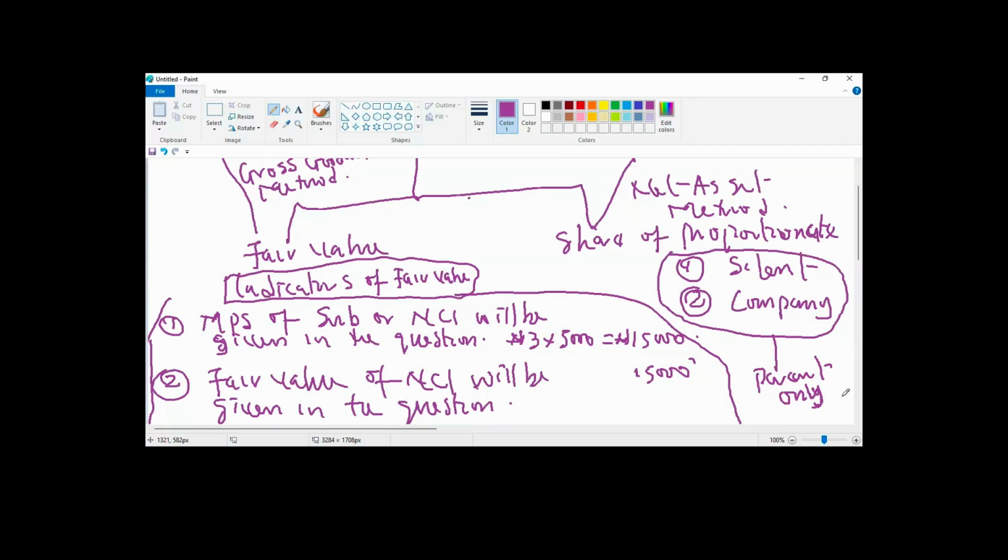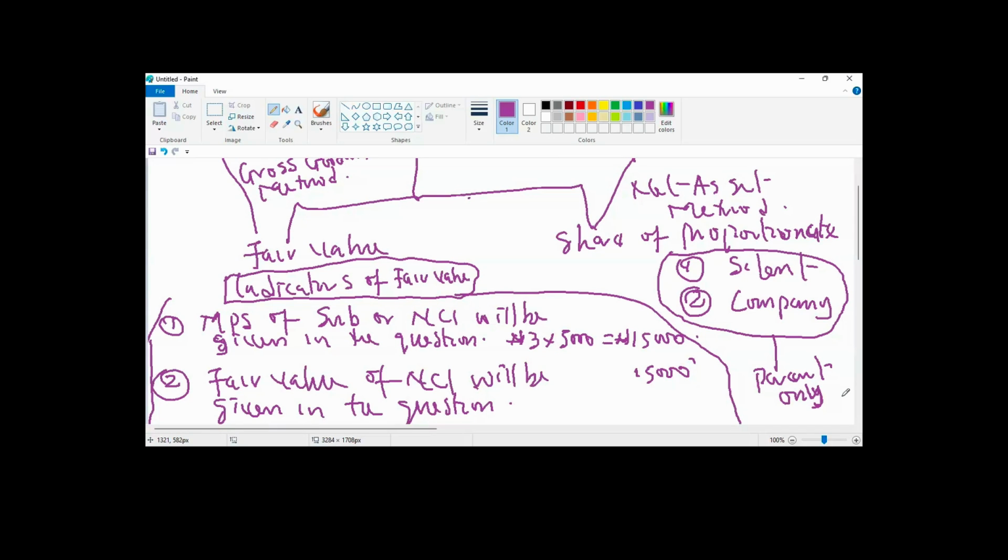Now, to get the goodwill of the parent even in fair value, that is, when NCI is valued at fair value and the goodwill belongs to both the parent and NCI, I will use share of proportion.